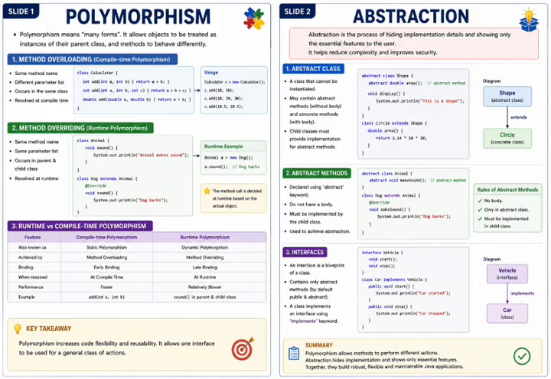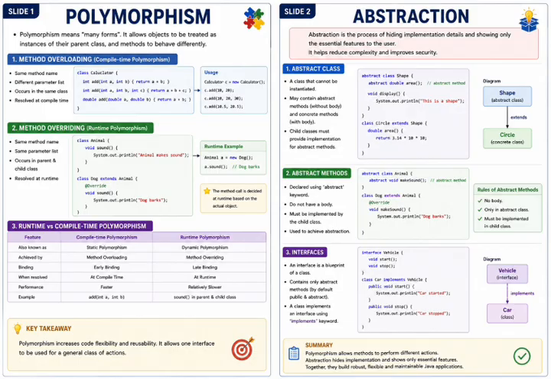Finally, let's discuss interfaces. An interface is a completely abstract blueprint used to define a set of behaviors. It contains method declarations that implementing classes must define. A class uses the implements keyword to implement an interface.